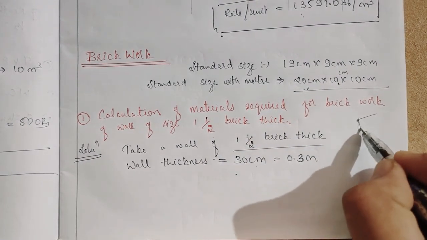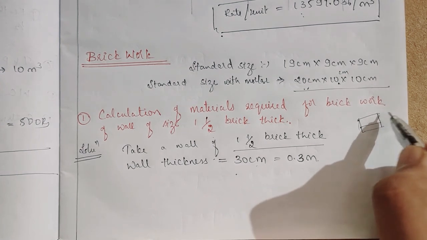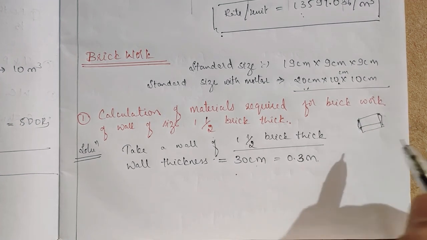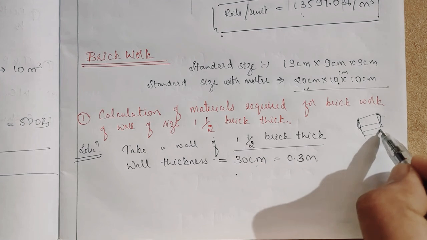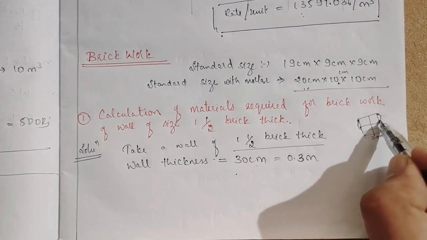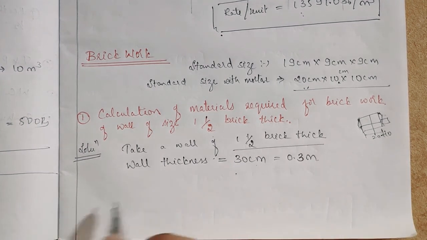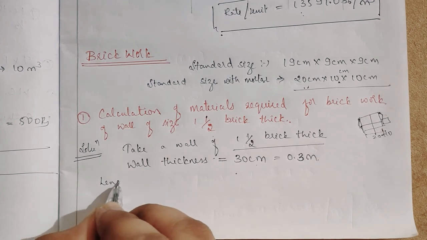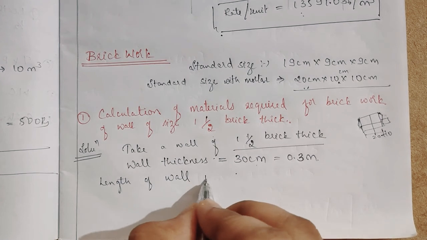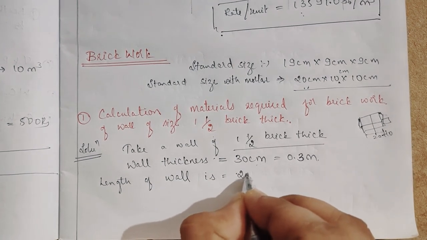So if this is a brick, this is 20 centimeter, and another half means another 10, another half brickwork. So like this, 30 centimeter. Now the length of the wall, we'll take as 20 meter.